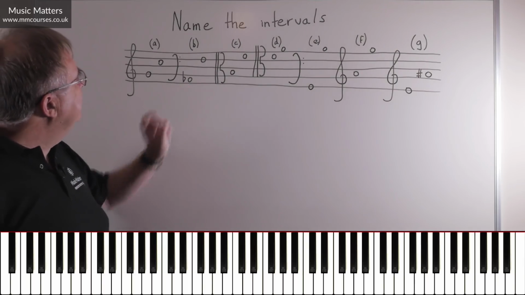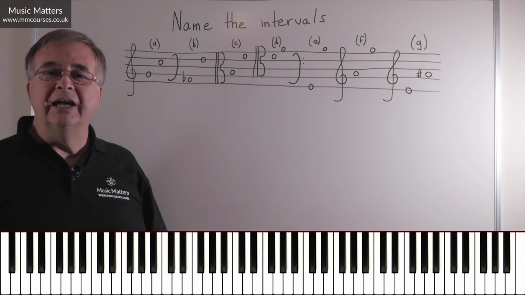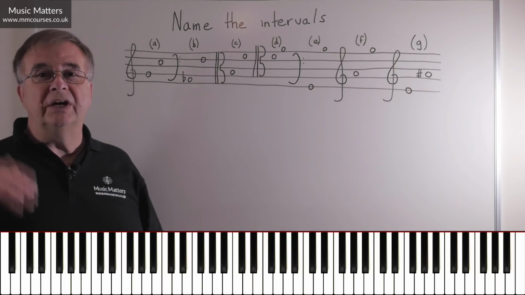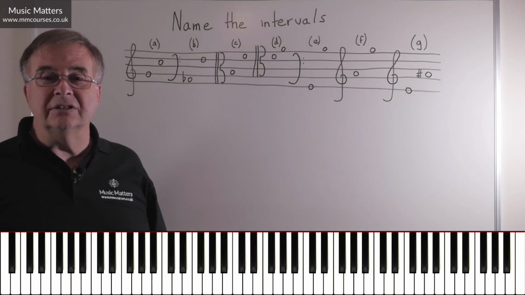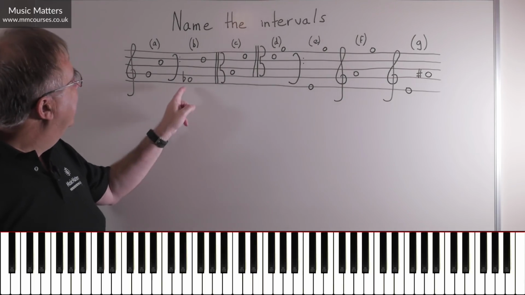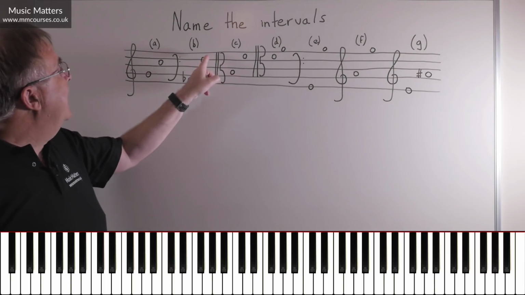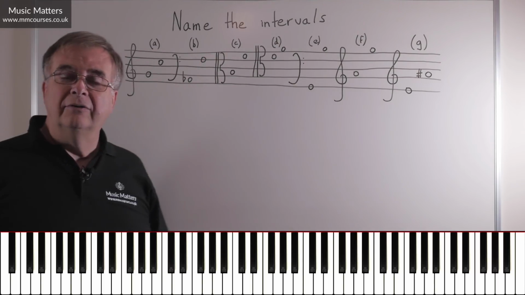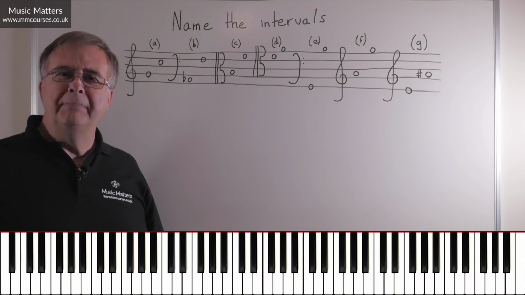Okay, A flat major. What is the sixth note of the scale of A flat major? Which is why it's also good revision of keys and knowing what key signatures are for particular keys. A flat major, the sixth note is F. So F is in the major scale of the lower note. So if the interval is a 6, then it must be a major 6.